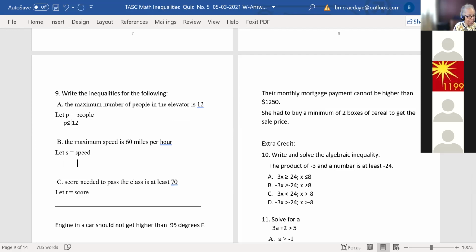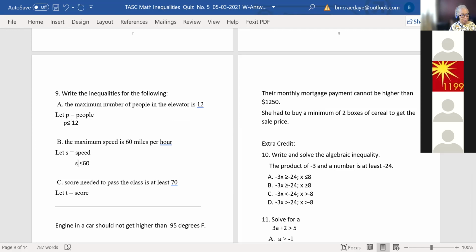That would be less than or equal to 60 miles per hour. That's the speed limit. We said let S equal the speed, so on the left side we would just put S. In other words, the speed is less than or equal to 60.